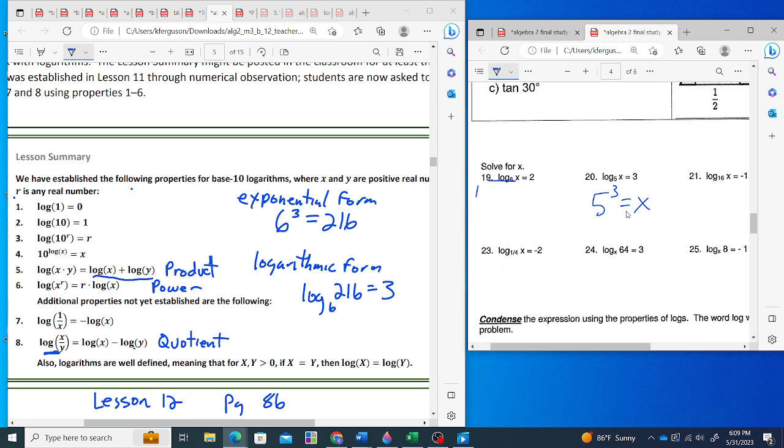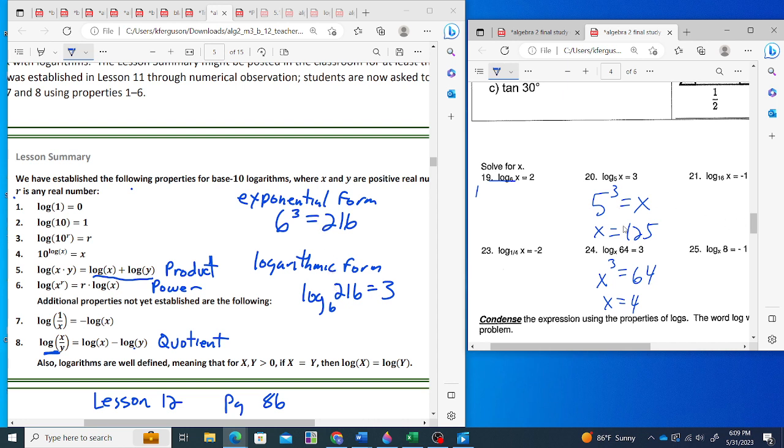So I went from logarithmic form to exponential form and then I solved for x, right? Or this one, this is x to the third power equals 64. Again, I'm taking logarithmic form and changing it to exponential form, and then I'm solving it. x equals 4, because 4 to the third power is 64. So you need to be able to change between the two.